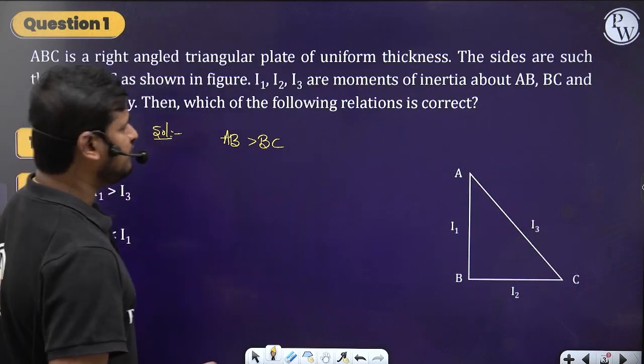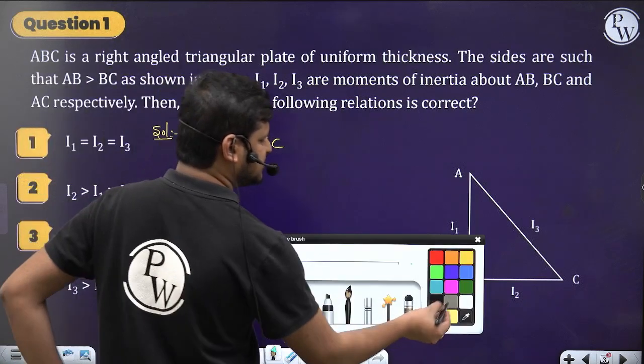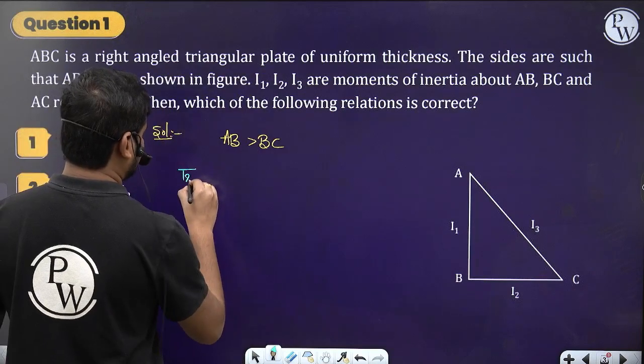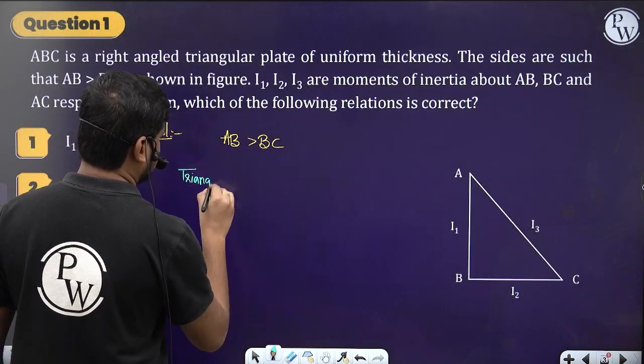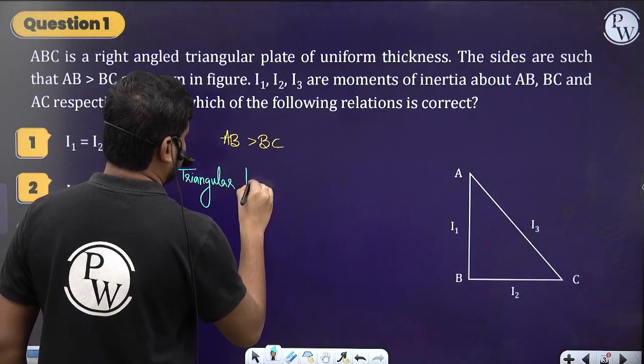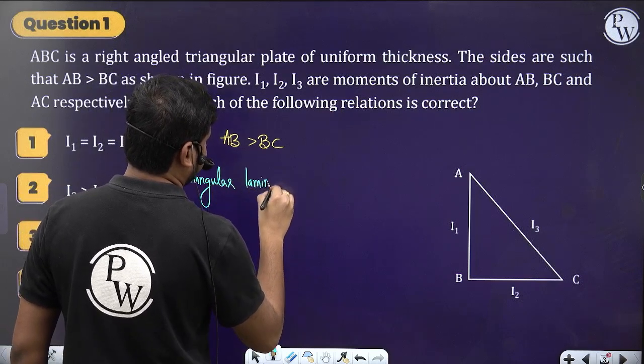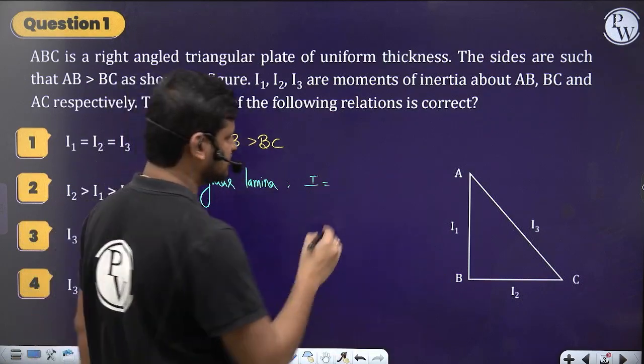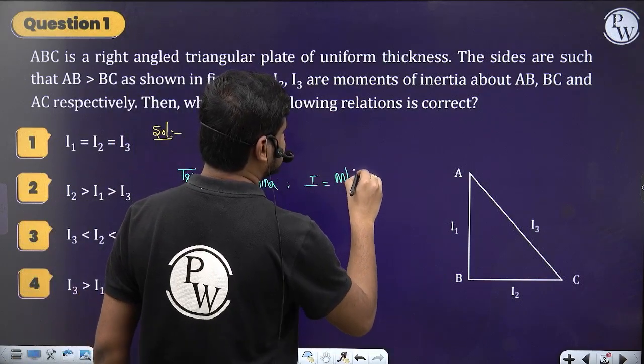We discussed the moment of inertia about a triangular lamina. For the triangular lamina, the moment of inertia I about its base is equal to mh square by 6.